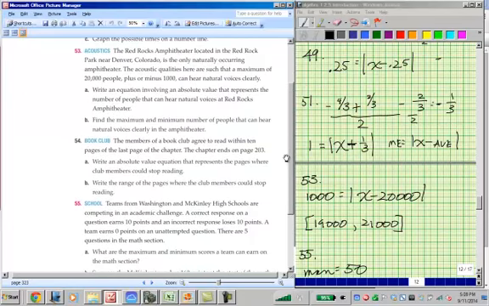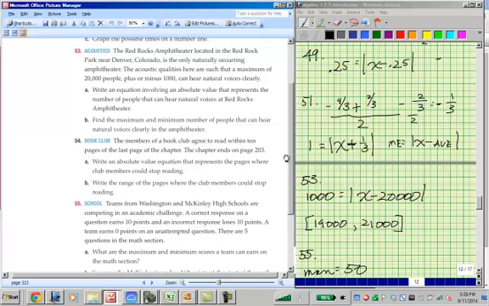Let's see, 55. Teams from Washington and McKinley High Schools are competing in an academic challenge. A correct response on a question earns 10 points, and an incorrect response loses 10 points. A team earns 0 points on an unattempted question. There are 5 questions in the math section.